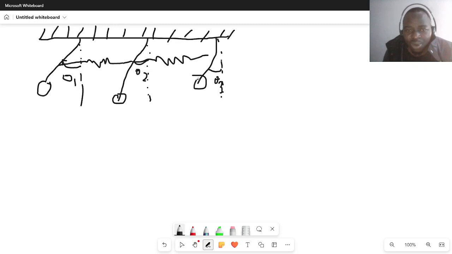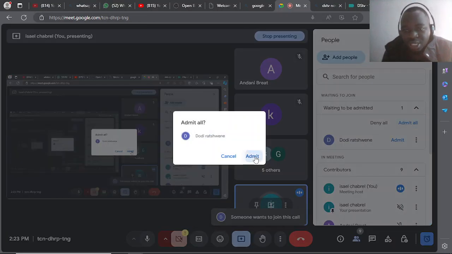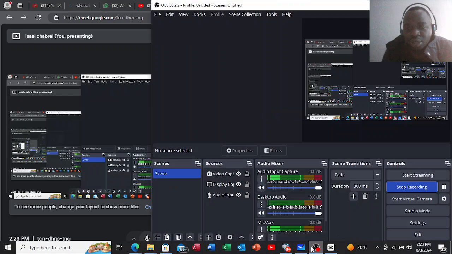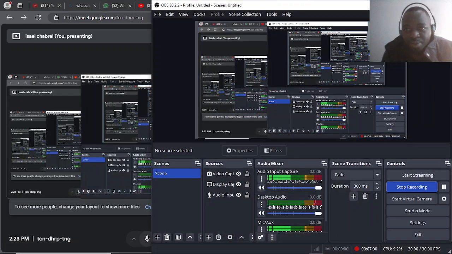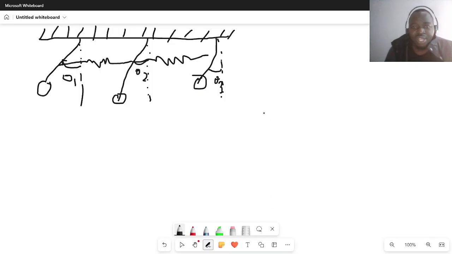Okay, here is what we have. If you guys remember, in the previous session I said Lagrange's formula is quite easy. You only need to know your variables.